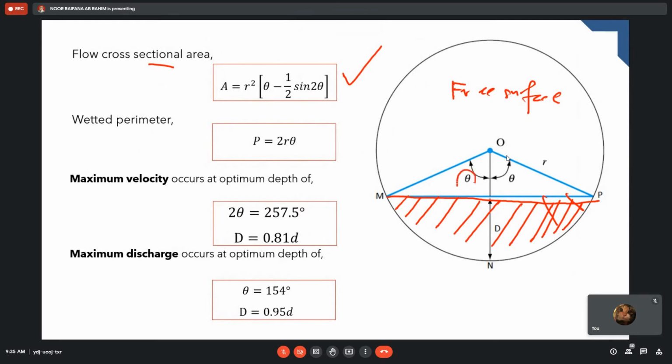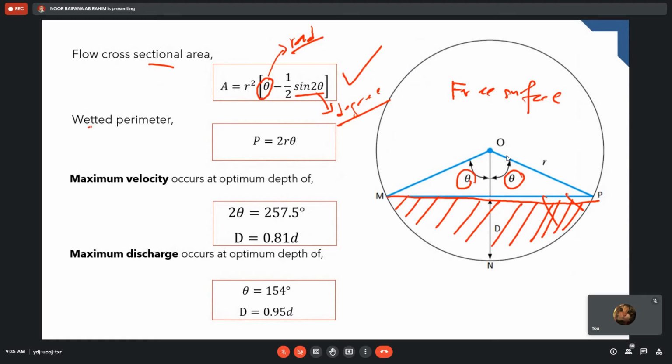So this is the theta here. So you have to remember this theta is in radian. And this theta is in degree. So how to differentiate between rad and degree? Kalau dia tak ada sin cos theta ni, maksudnya in rad. Kalau dia ada sin, so means that the theta tu in degree.